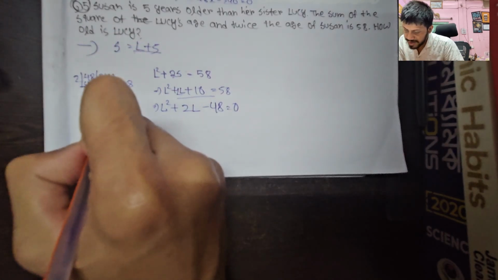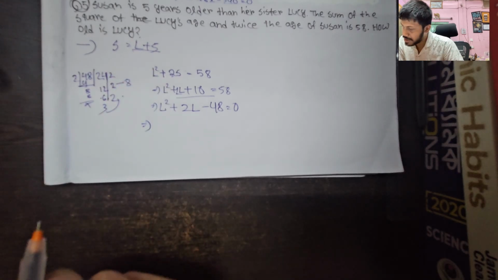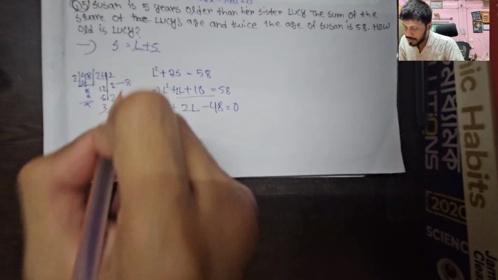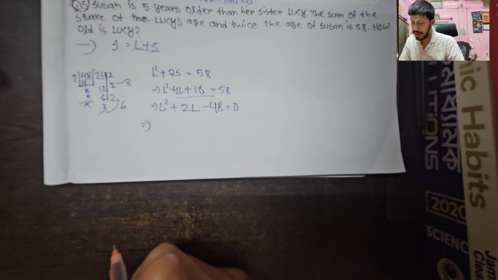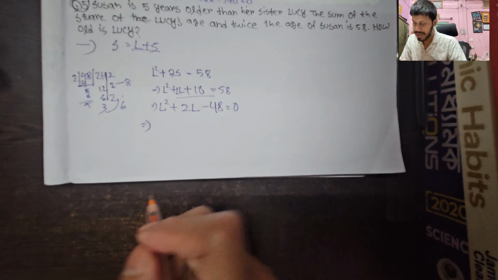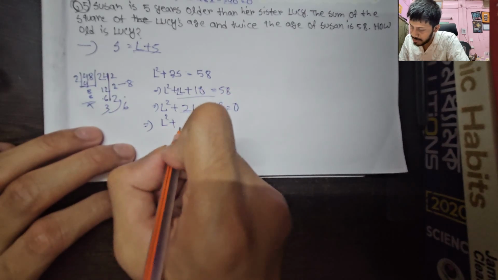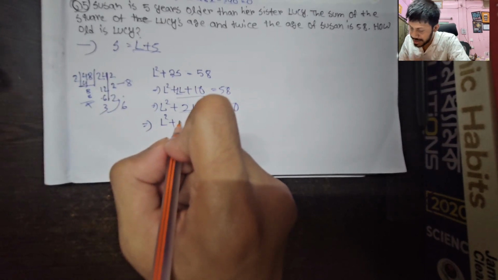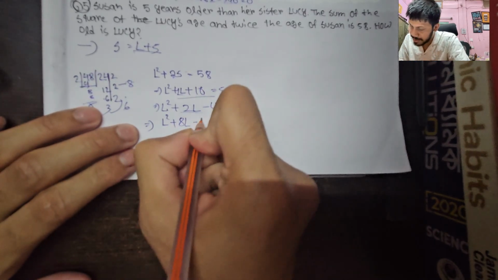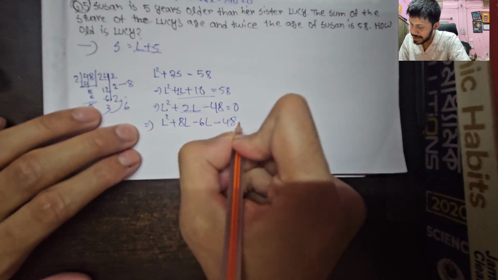Here we have 8, and here we have 3 and 2. We can do 6 here. So 8 minus 6 is 2, and 8 into 6 is 48. So it matches. So let's write L square plus 8L minus 6L minus 48 equals 0.